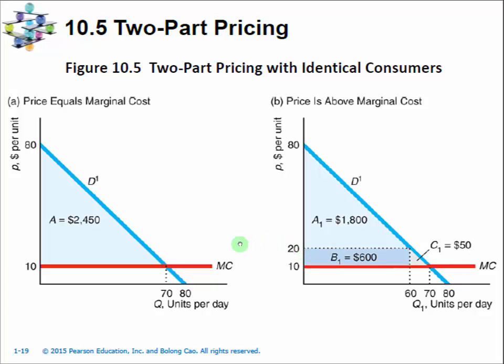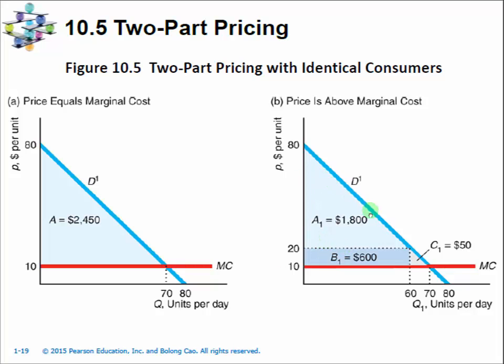What if instead of setting the unit price equal to the marginal cost, we charge a unit price that is higher than the marginal cost by $10? So we charge per unit price at $20, and the consumer surplus that can be extracted now becomes $1,800, which is 60 times 60, 80 to 20, there's a 60 is the height. 60 times 60 divided by 2, it's 3,600 divided by 2 is $1,800.